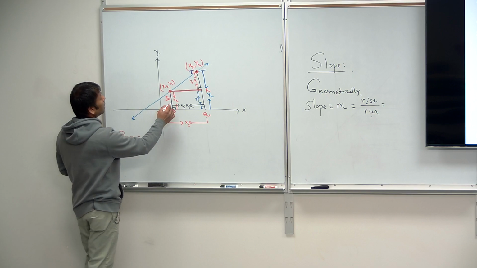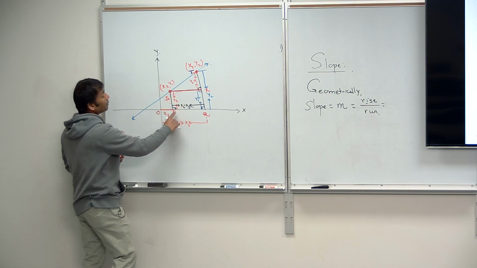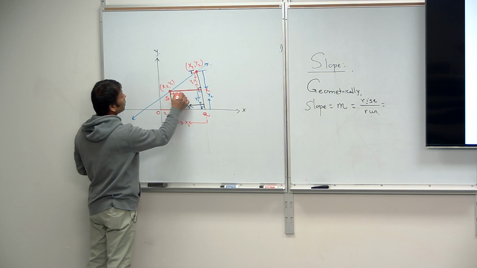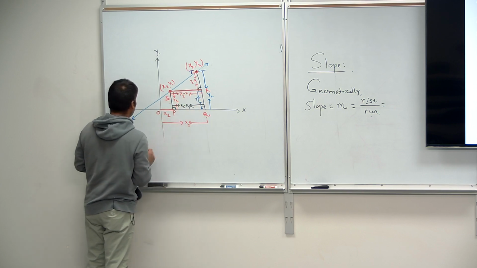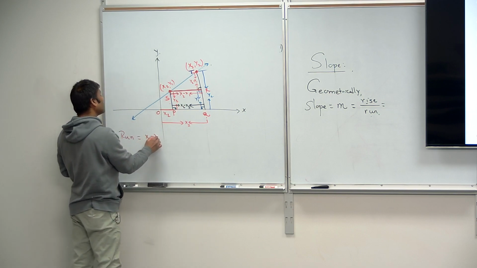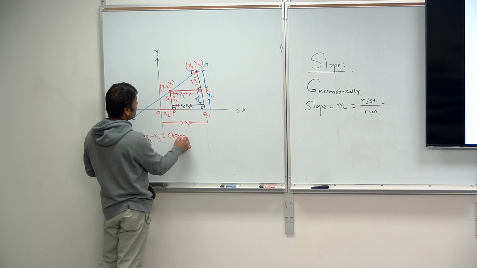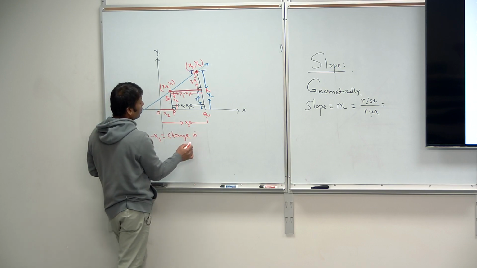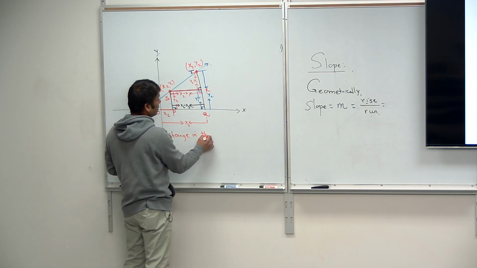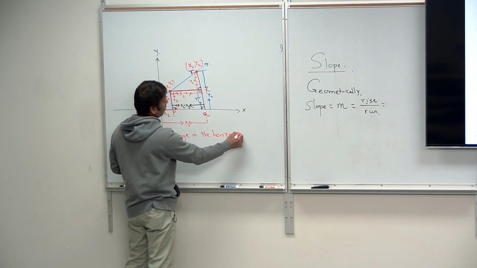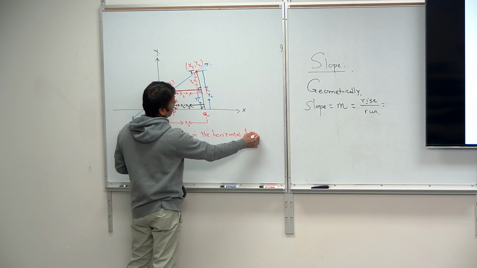You see like this SR, which is equal to PQ. So this is also x2 minus x1. So the run is the change in the horizontal distance.